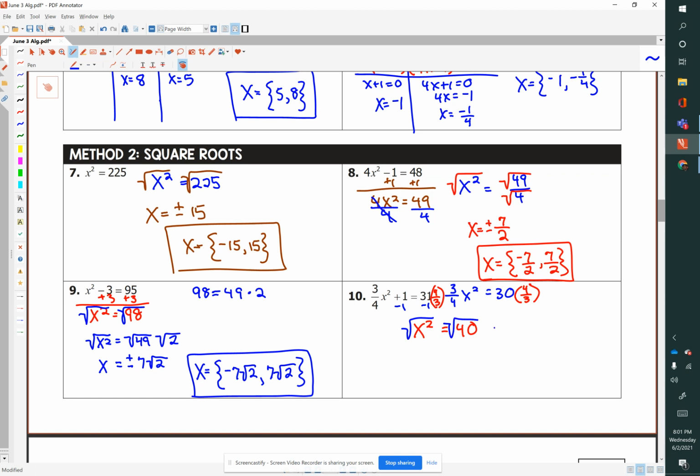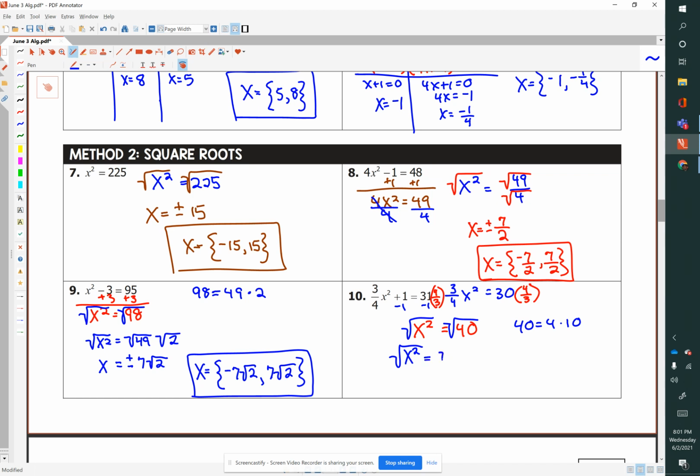And I'm going to think of 40 as 4 times 10. And 4 is a perfect square. So that will be x squared. I'll take the square root of that.